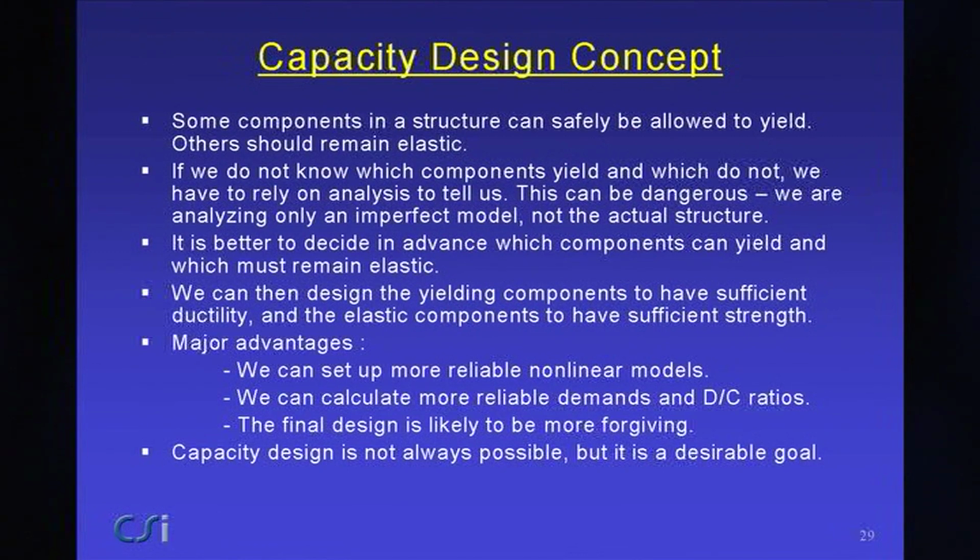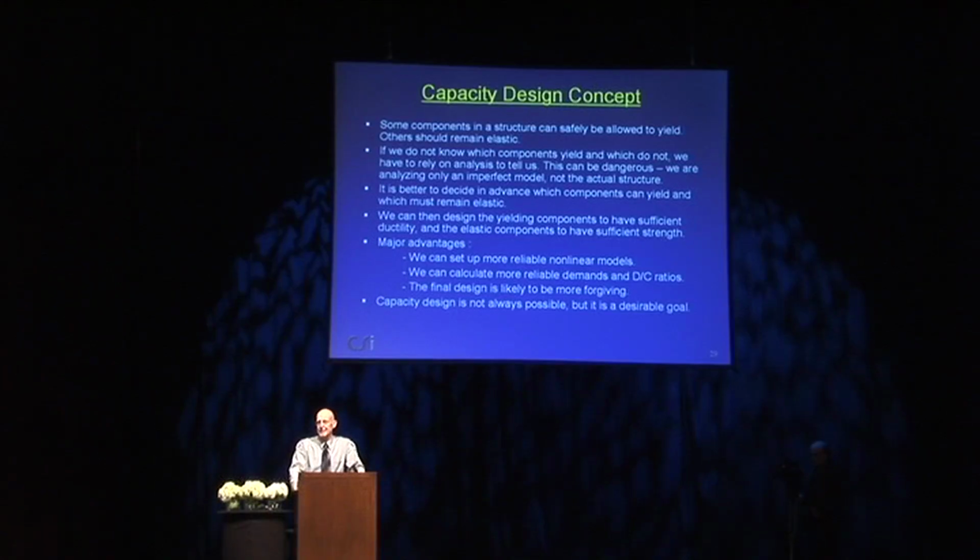Capacity design. The concept of capacity design, if you're not familiar with it, is that some components in the structure can safely be allowed to yield, and others should remain elastic. If we do not know which yield and which do not, we have to rely on the analysis to tell us. And this can be dangerous, it probably is dangerous.